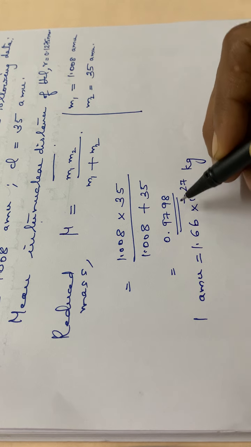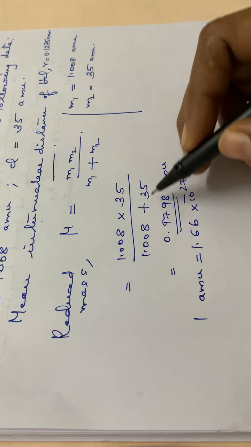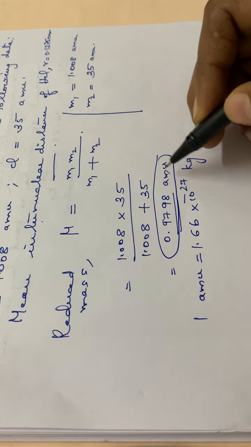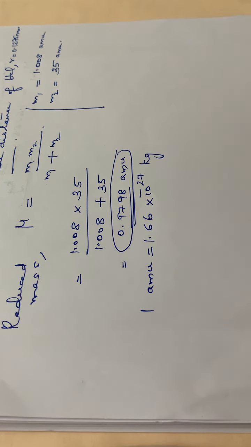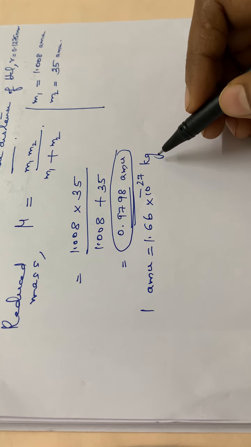Also, 1 AMU is equal to 1.66 into 10 raised to minus 27 kilogram. You have to convert this value from atomic mass units into kilogram. So for that, you multiply this value with 1.66 into 10 raised to minus 27.